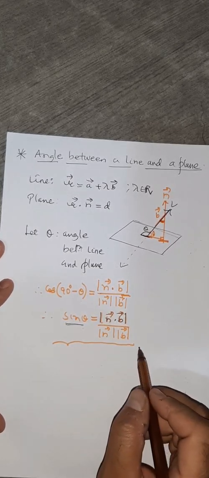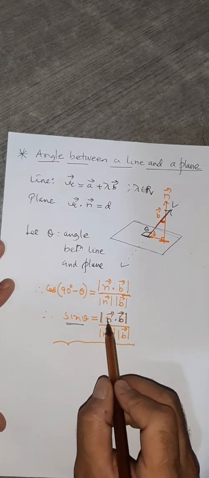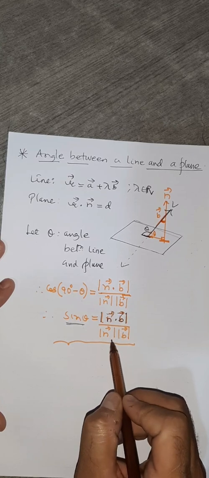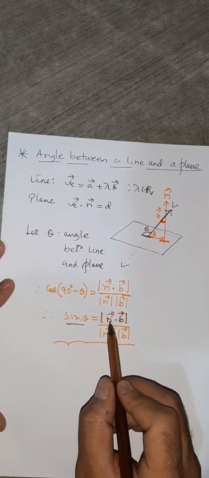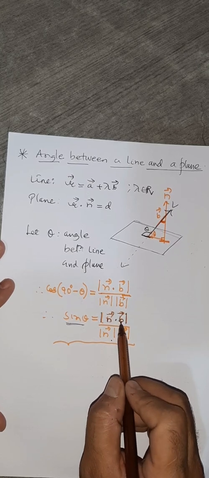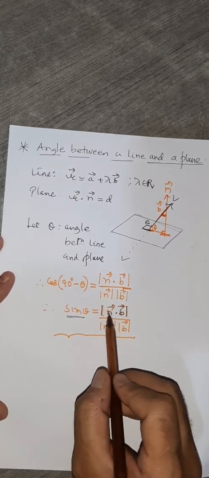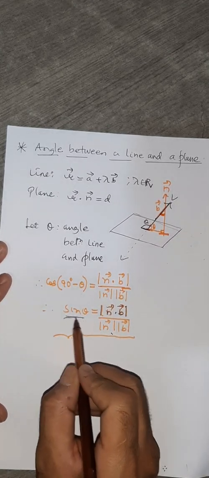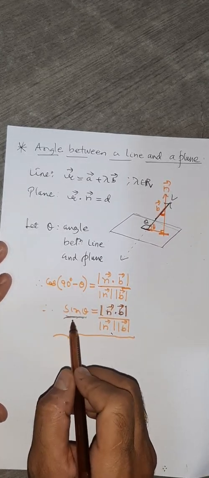This right hand side expression is very common. If you are talking about two lines, then it is the dot product of the directions with magnitude. If you are talking about two planes, then the dot product of the normals upon their magnitude. Here it is the dot product of the direction of the line and the normal to the plane. But here on the left hand side, instead of cos you have the sine function.